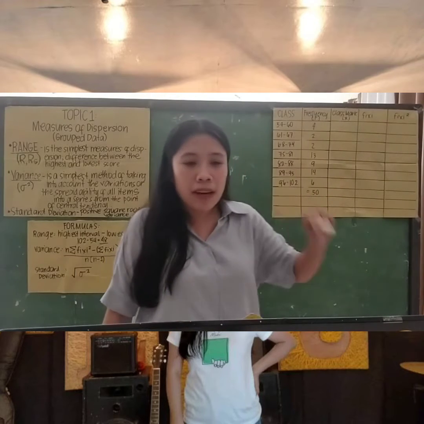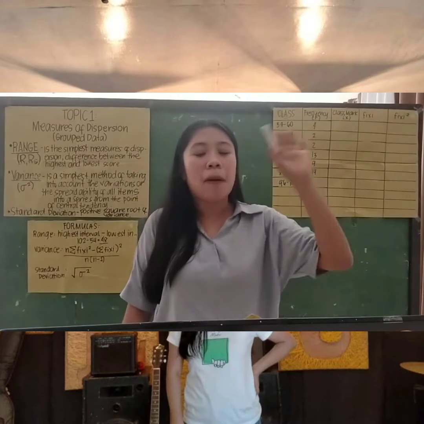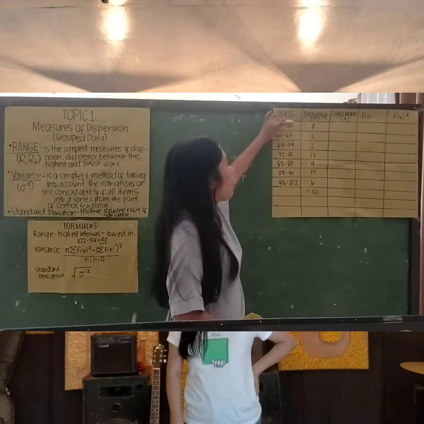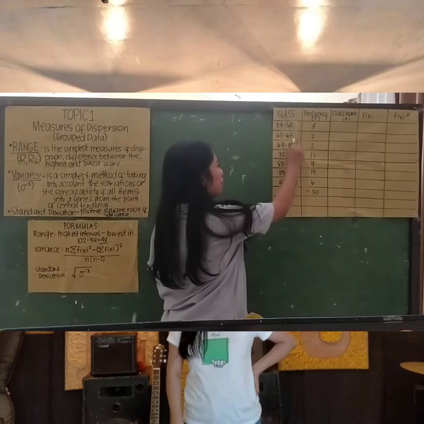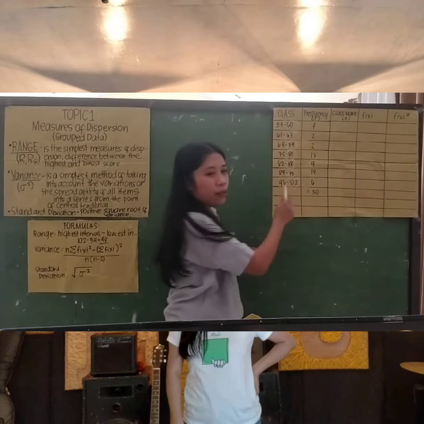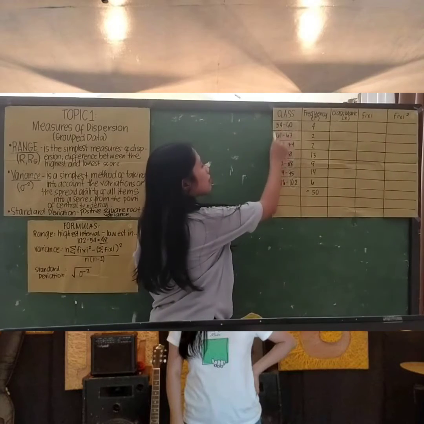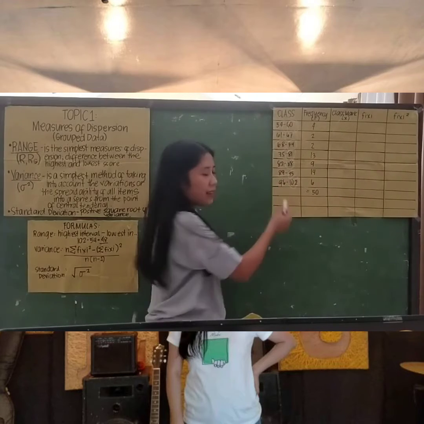So, paano makuha yung class mark? Yung upper limit, ipa-plus natin dun sa lower limit. So, for example, ito yung mga upper limit natin, 60, 67, 74, 81, 88, 95, and 102. At yung mga lower limit natin is yung 54, 61, 68, 75, 82, 89, 96.